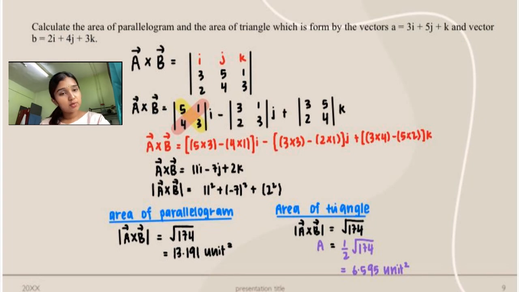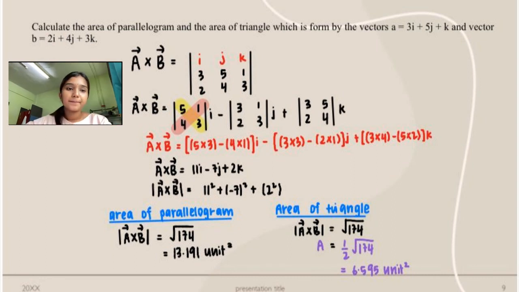We need to be careful when pressing the calculator. Make sure you put the brackets, because if you don't put the brackets, you'll get a different answer. So the area of the parallelogram is square root of 174. You need to take the square root after you square, and the final answer will be 13.191 unit square.